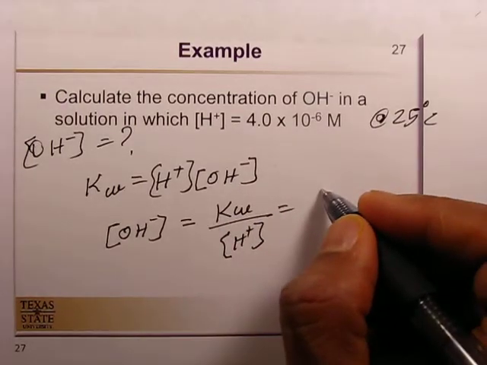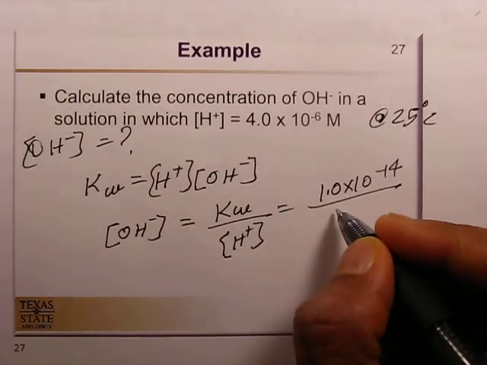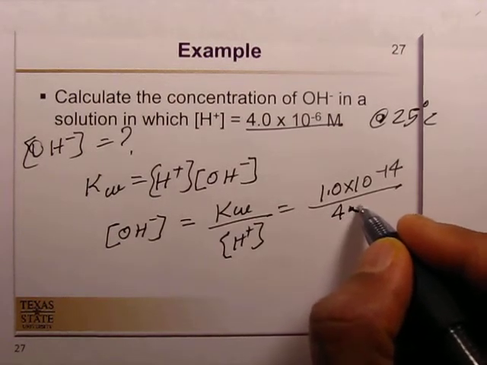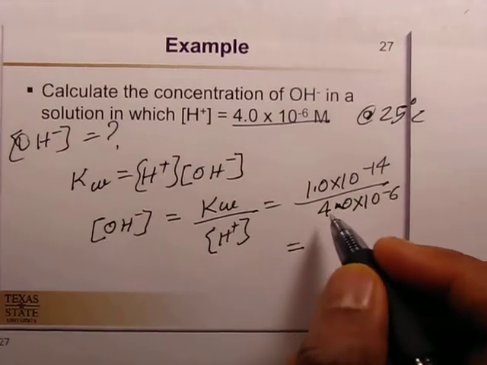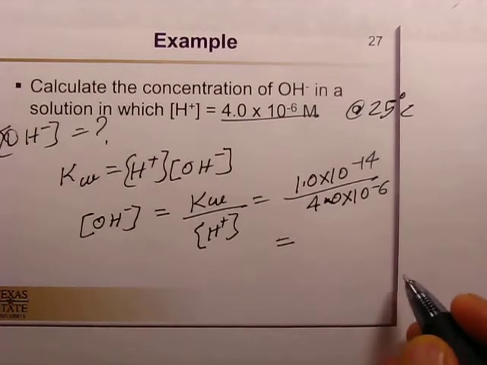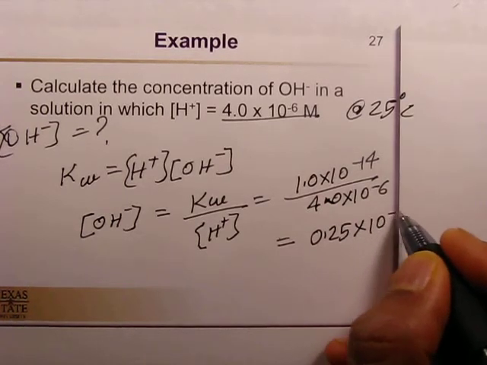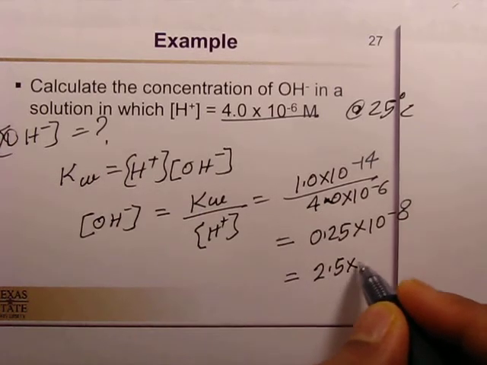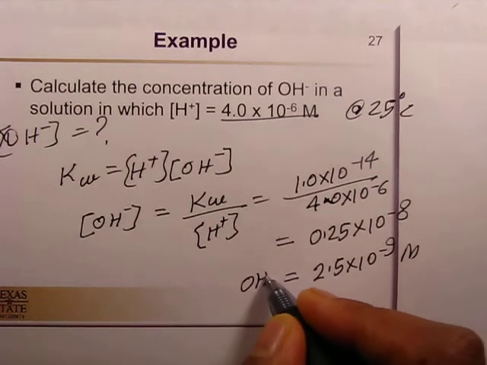Kw at 25 degrees Celsius is 1.0 times 10 raised power minus 14 divided by this value, which is hydrogen ion concentration, 4.0 times 10 raised power minus 6. Now once we solve the math, we get the answer 0.25 times 10 raised power minus 8, or we can rearrange this one, 2.5 times 10 raised power minus 9 molar. This will be hydroxyl ion concentration.